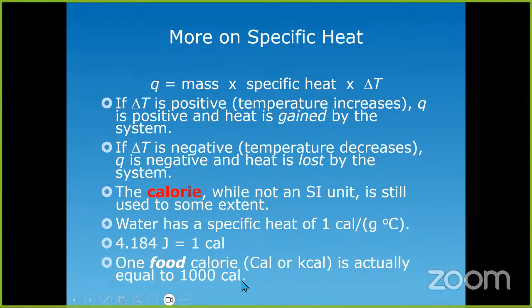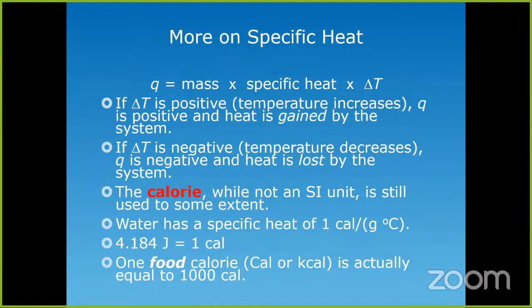It's called the nutritional calorie or the food calorie. And the distinction that is made in terms of the unit is that we use uppercase C and then lowercase al, as the unit to express the food calorie unit. And the relationship between that unit and the calorie unit is 1,000 calories is equal to 1 nutritional calorie.